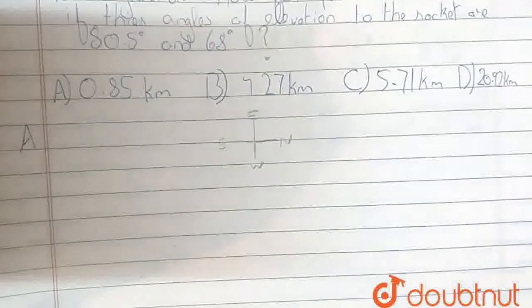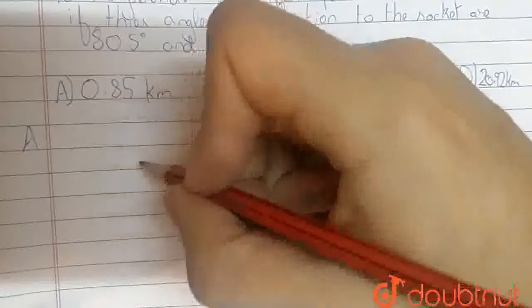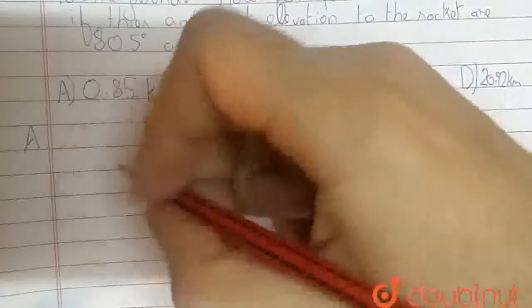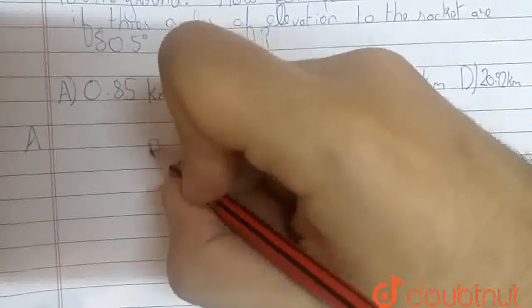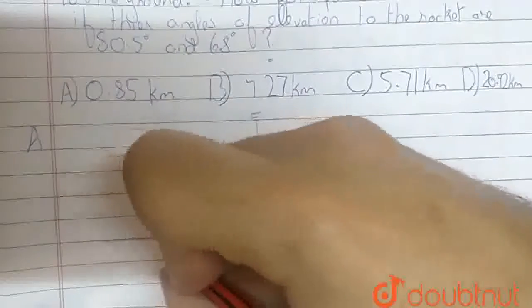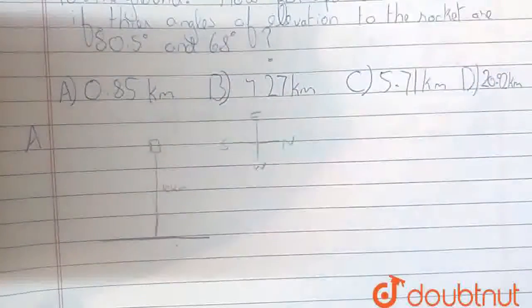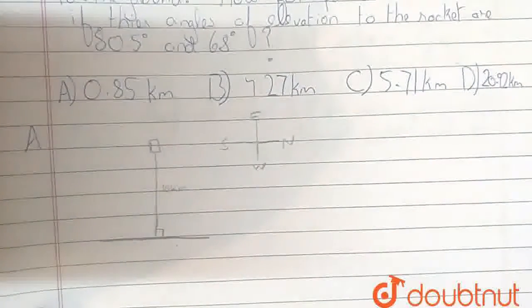This is just some directions so that it's easier to understand. So now let us say this is the rocket which is at height of 10 kilometers above the ground. So this is the ground and it is a height 10 kilometers. They've also told us that the rocket is perpendicular to the ground.